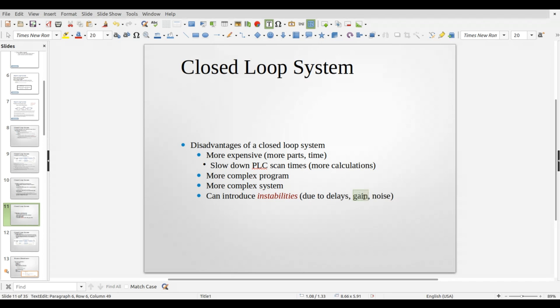If you're using a gain of 10, you multiply that by 10, and now you've just gone way up, and after scaling or whatever, this gain makes it respond even more to that noise. So the more gain in the system, the larger the chance that your system is going to go unstable.